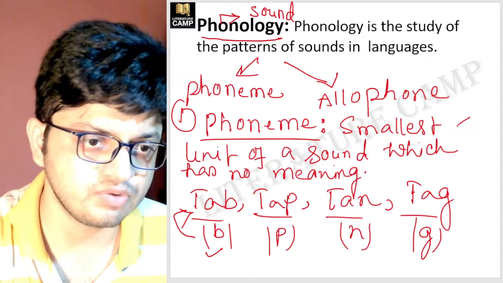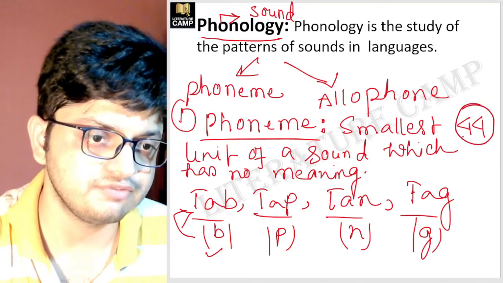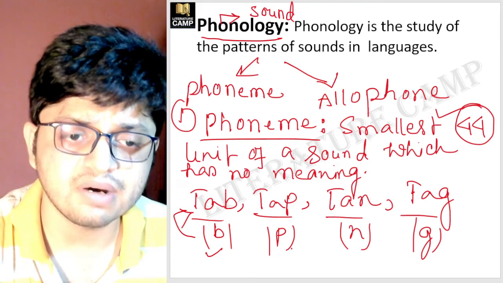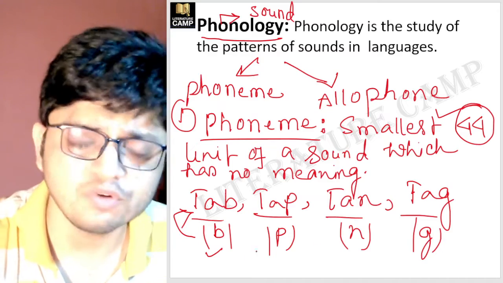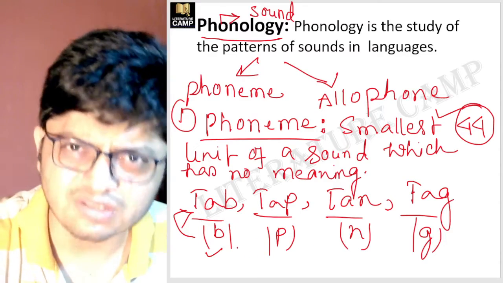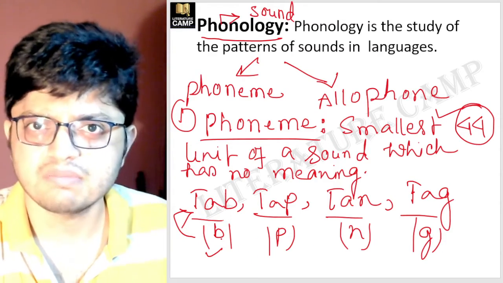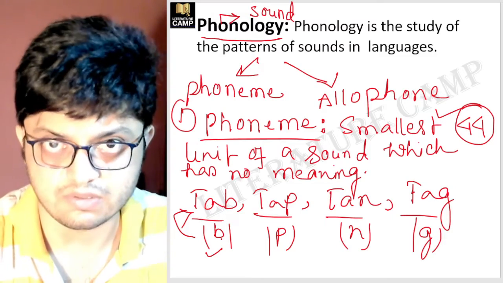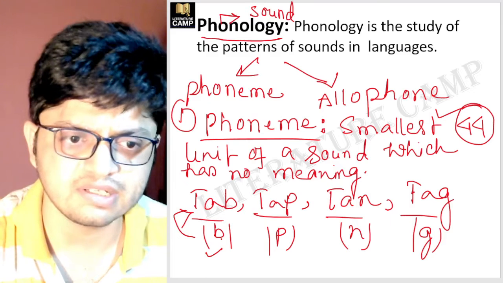You can also make a note of it. 44 phonemes are there in English. So ba, pa, na, ga, these are all phonemes which do not have any meaning but which create meaningful difference in sound. So please make a note of it.